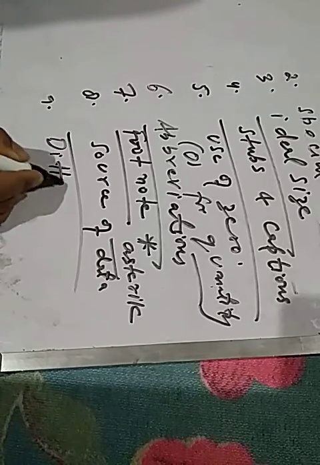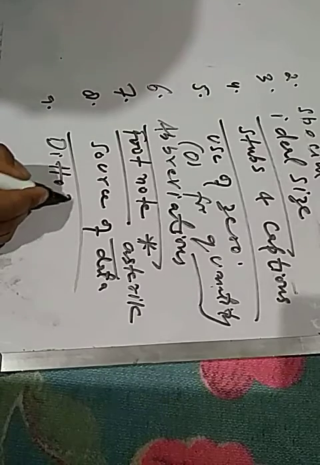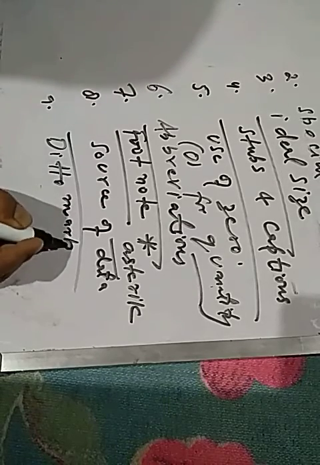Ninth point is ditto marks. In most cases, when we draw a table and sometimes information is repeated, in those columns and rows we use this sign, the ditto sign.